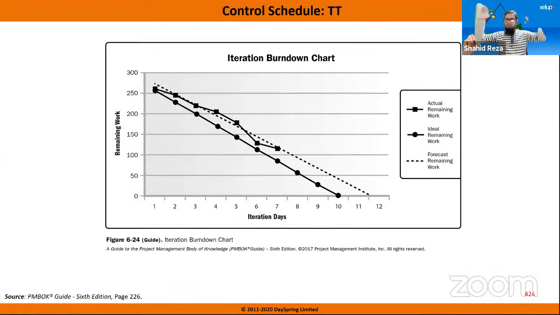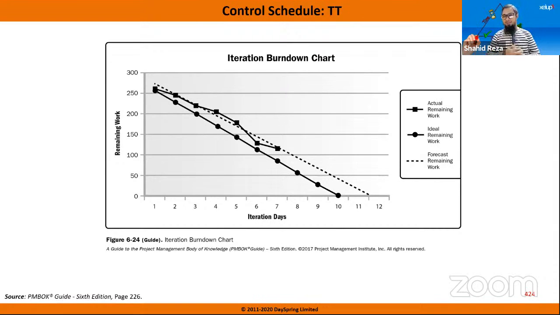This figure is very important because you will get 1-2 questions, and mostly, showing this figure, they will ask whether we are in line with our plan or not. Are we on schedule or are we behind schedule?